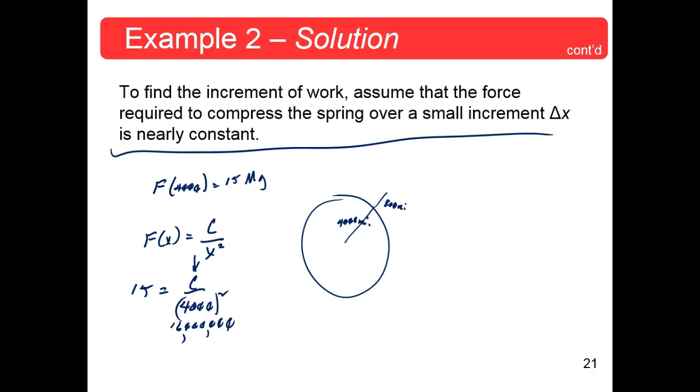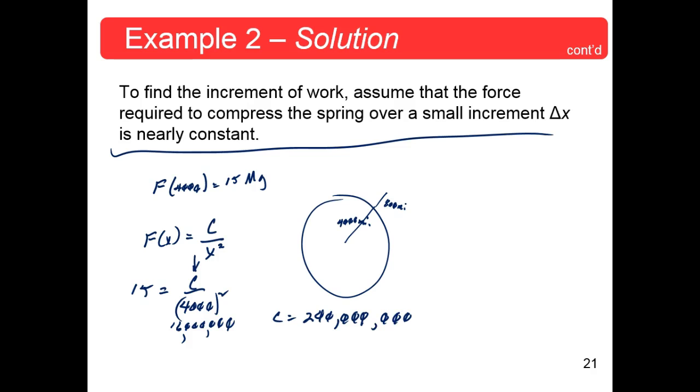So then multiply 16 million by 15, and hopefully they've done it in the book for us, 240 million. So C is equal to 240 million. Nice, small, round number, right? Easily remembered. Not that you have to.